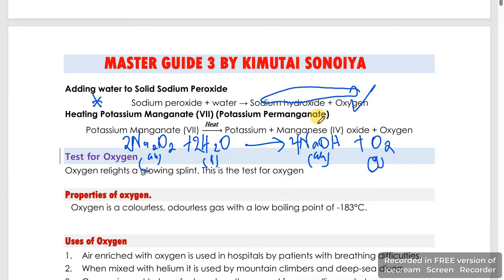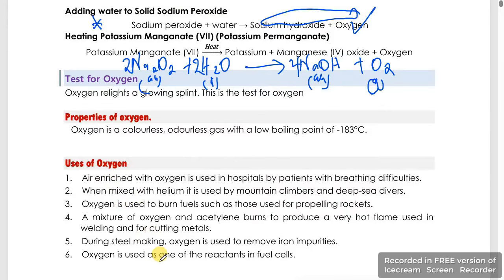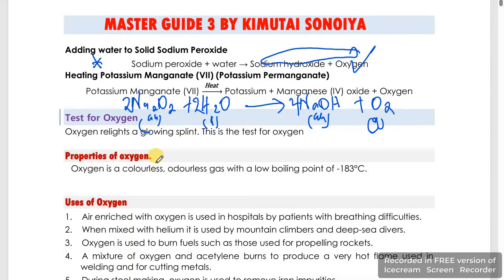Now, uses of oxygen. I have 2, 3 uses of oxygen. Only 2 is okay: an industrial use and any other use. So you must have at least 2 uses of oxygen. And then the test for oxygen. How do we test oxygen?